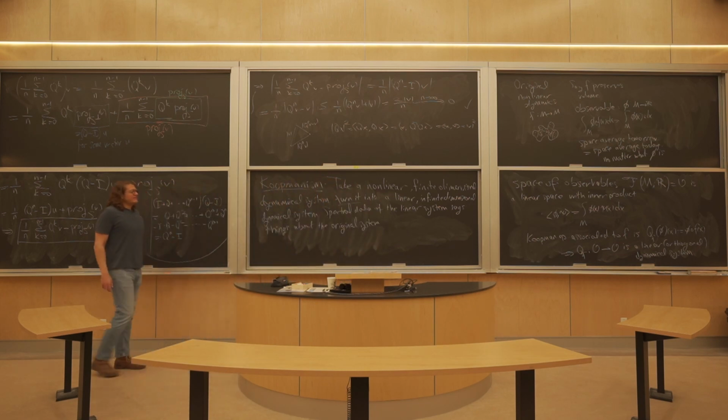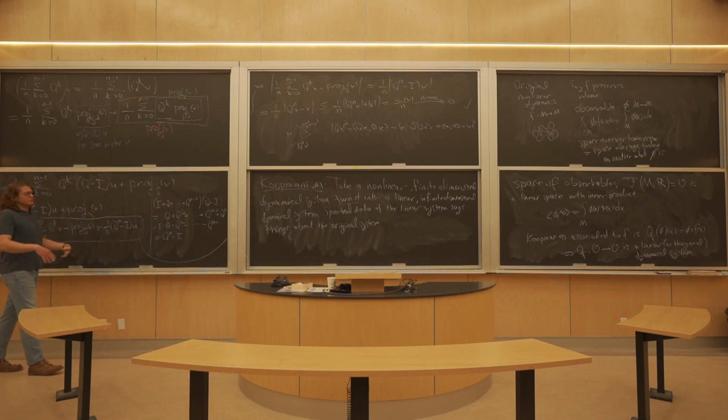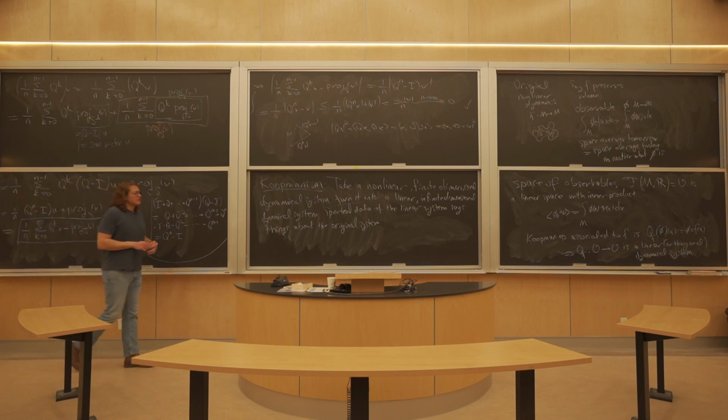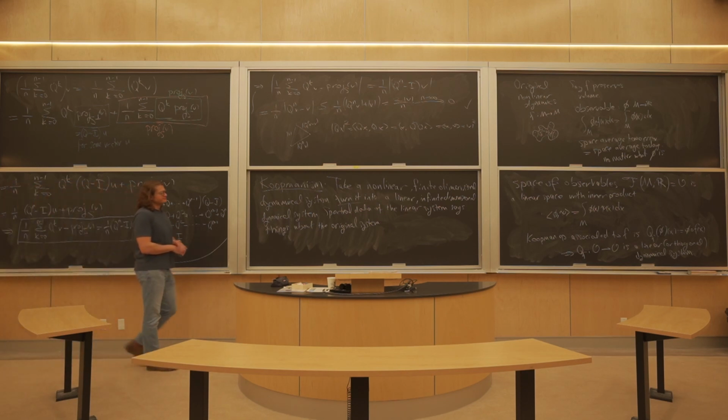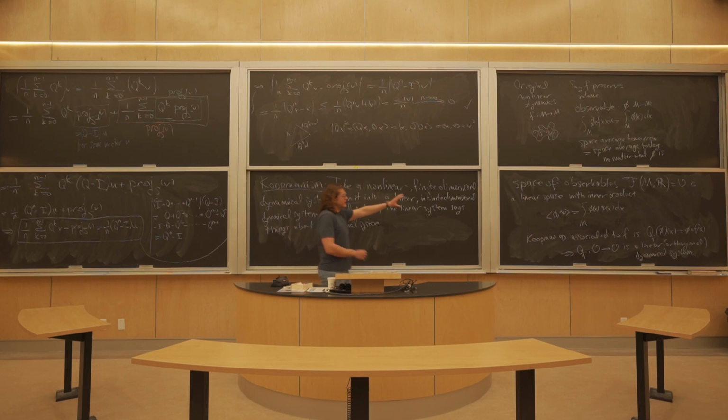The past 10, 15 years, these Koopman operator methods have been in vogue, especially among mechanical engineers, people who are looking into things like turbulence. And of course, the spectral data of this transformation. In general, this is an infinite dimensional space, and the theory is more complicated than what I've discussed.